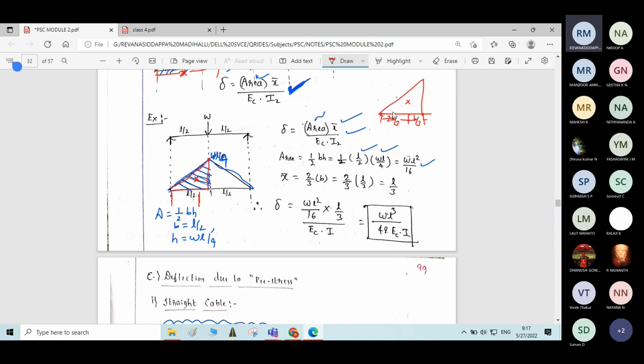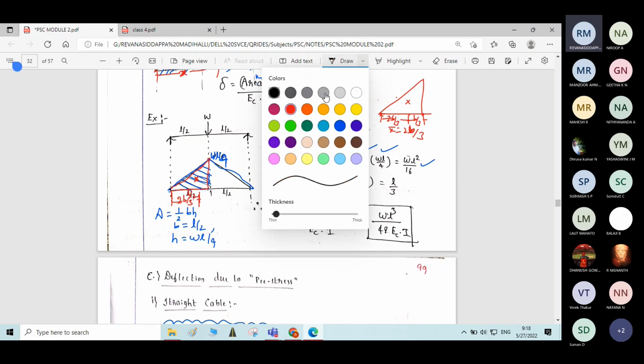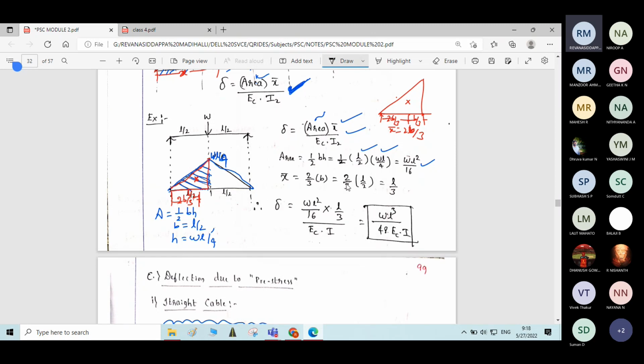So here x bar is equal to 2b by 3, where b is equal to L by 2. Substituting, the 2 gets cancelled, and you will get the x bar value as L by 3.